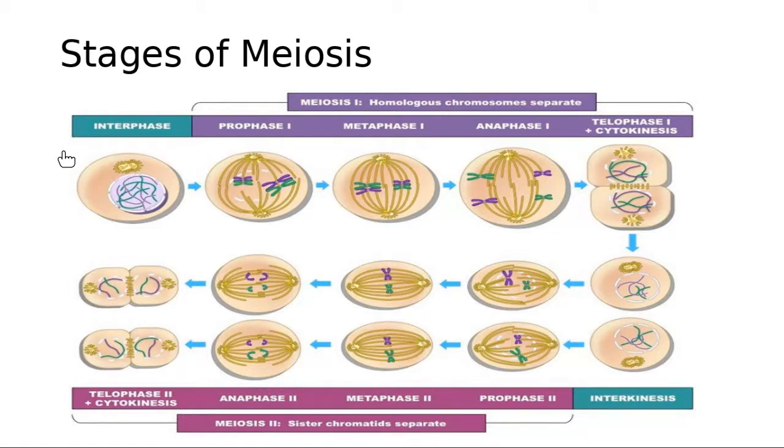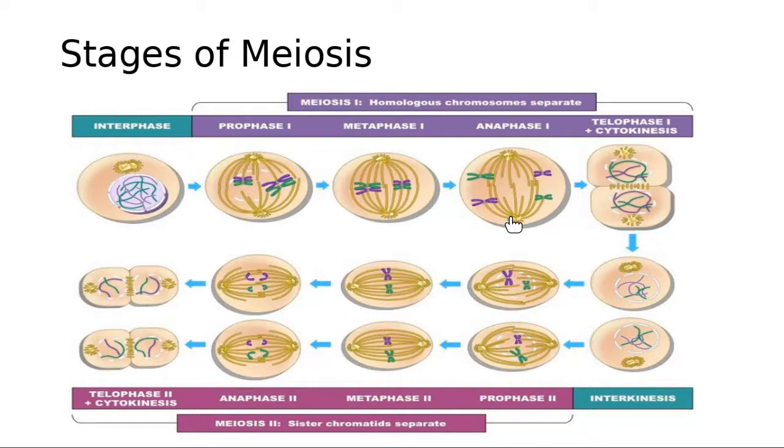Good. Okay. And then we see in metaphase 1, our homologous pairs are going to line up at the metaphase plate. And then in anaphase 1, what's happening? So our homologous pairs are going to be pulled apart, right?